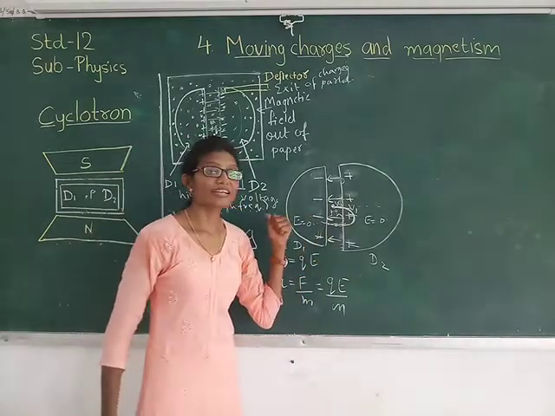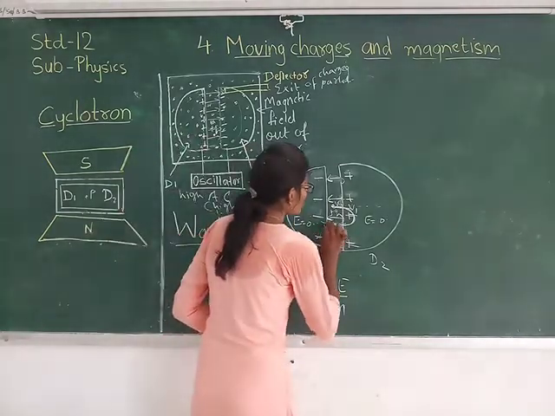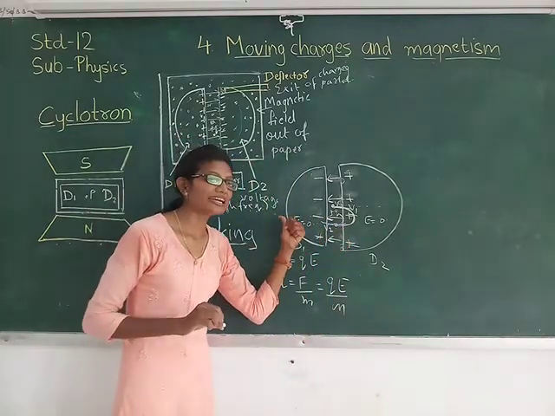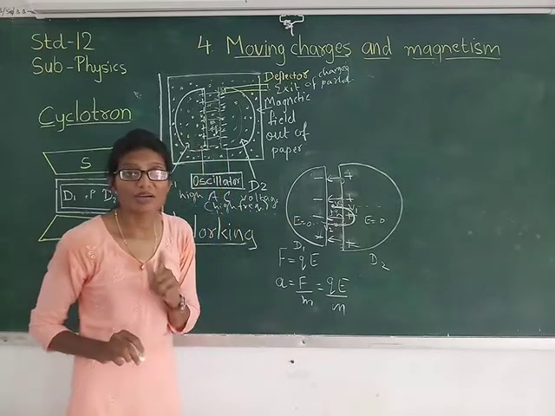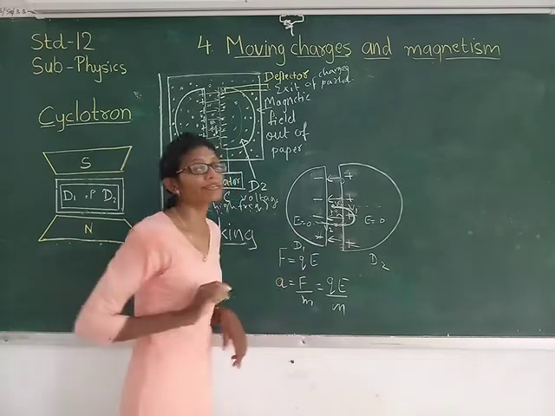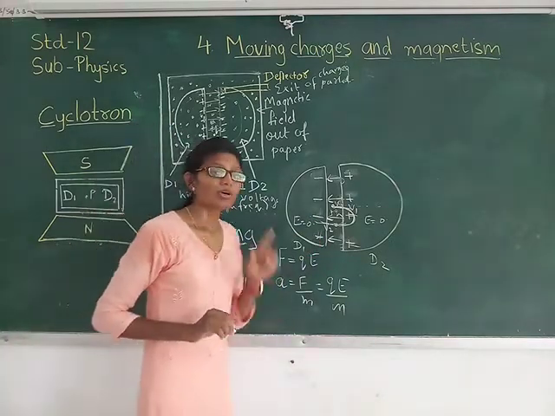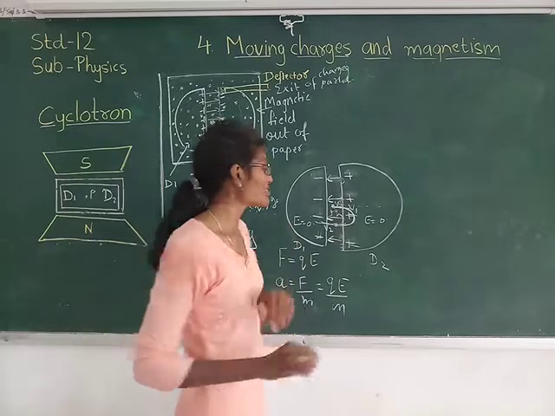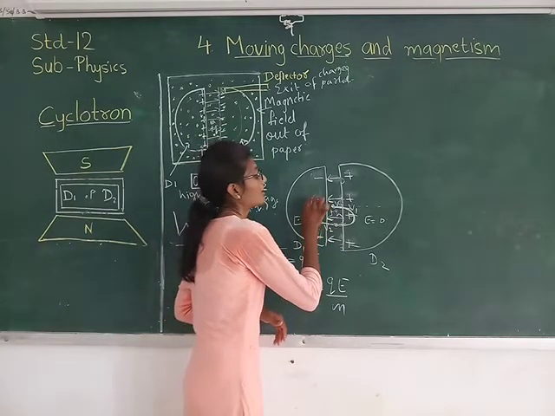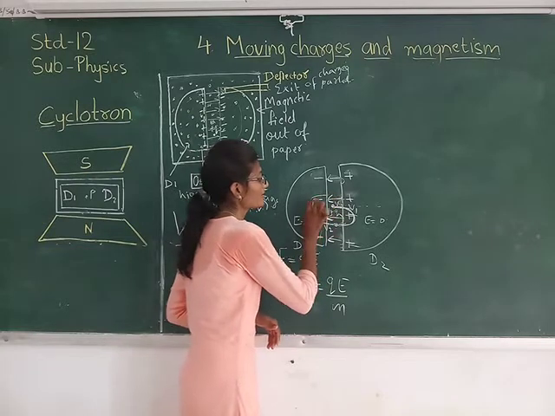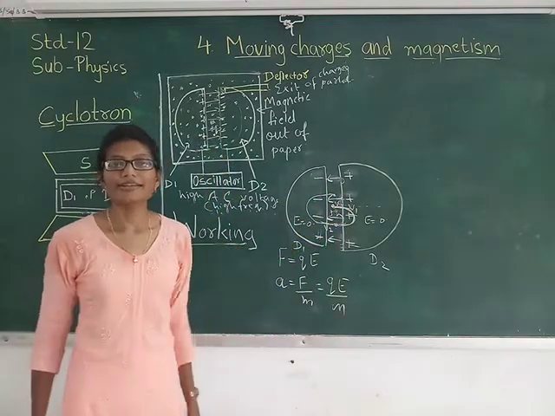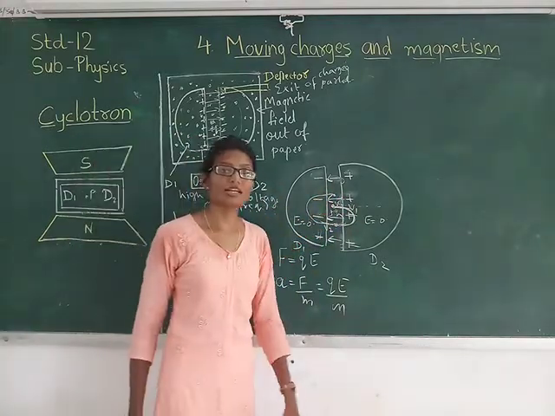Here it gets accelerated, so it moves with, say, velocity v2. But when it enters inside D1, its electric field becomes 0. That means it will be moving with the constant velocity v2. Because of the magnetic field, the charged particle exhibits the circular path, and again it comes between D1 and D2.